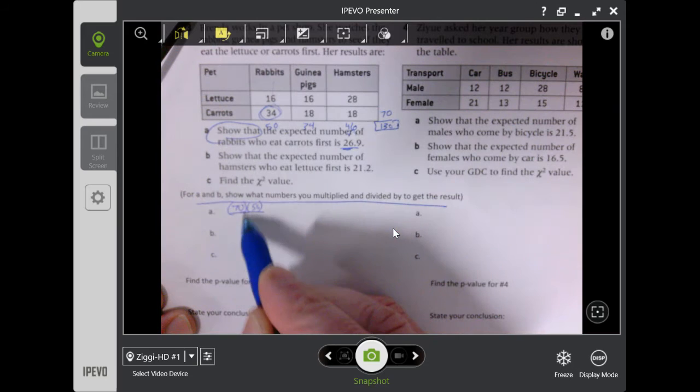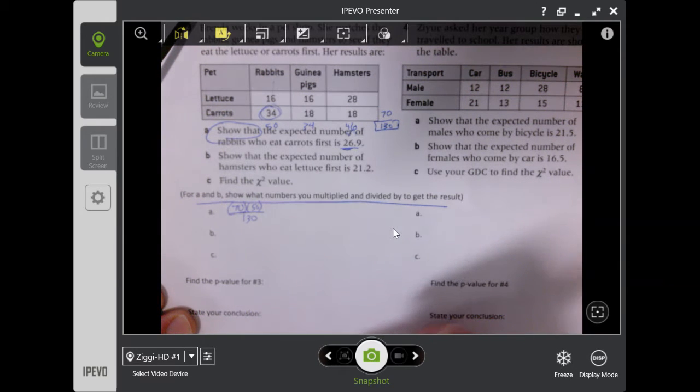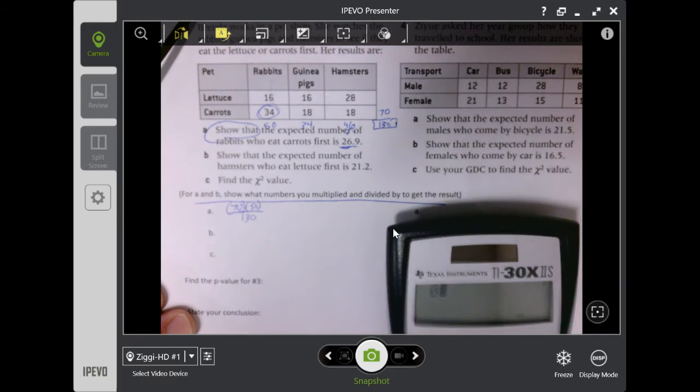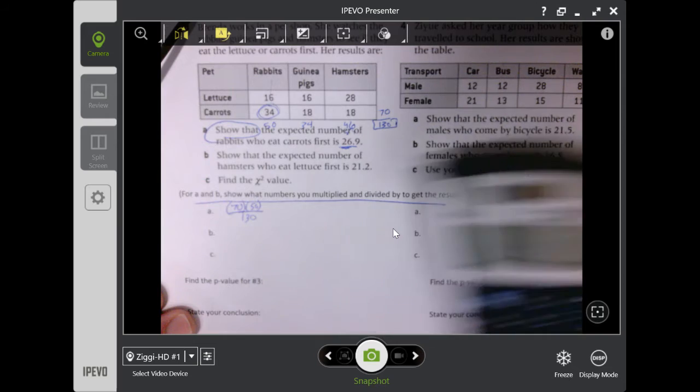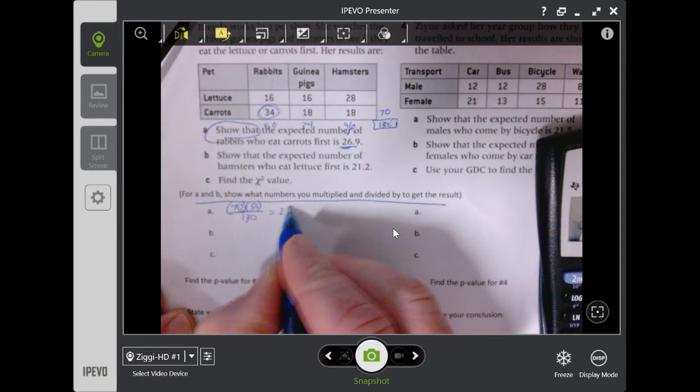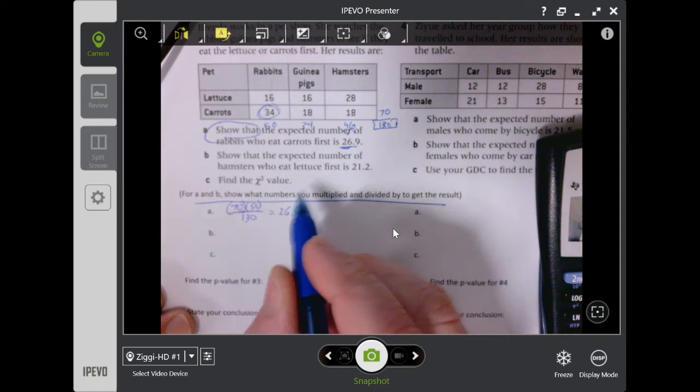I did it quick, hopefully that's right. Okay, so 70 times 50 divided by 130, and there's your 26.9. So when it says show that, you can't just take it off of your calculator.